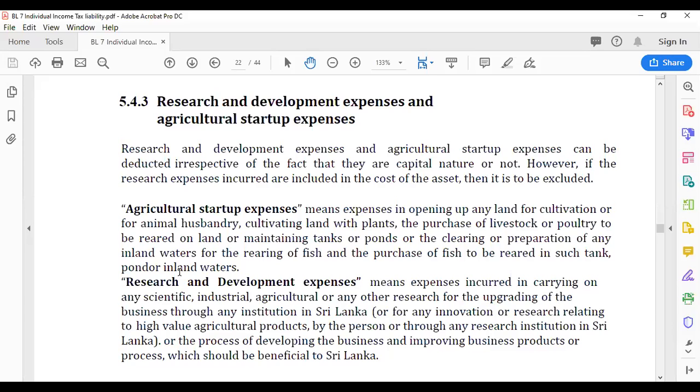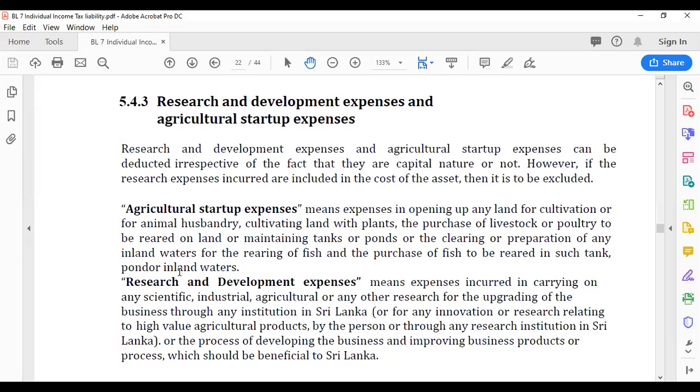Capital expenditure is, for example, big billboards, purchase of buildings, purchase of machinery. We can use this kind of asset for more than 12 months. Revenue expenditure means the cost incurred gives a benefit we can utilize within just 12 months, right?